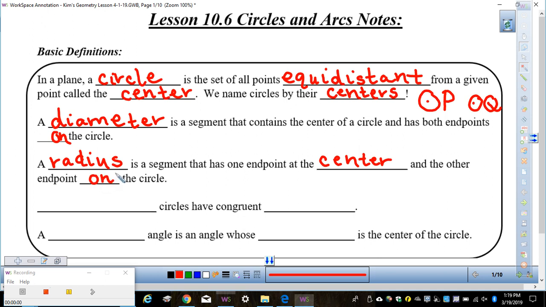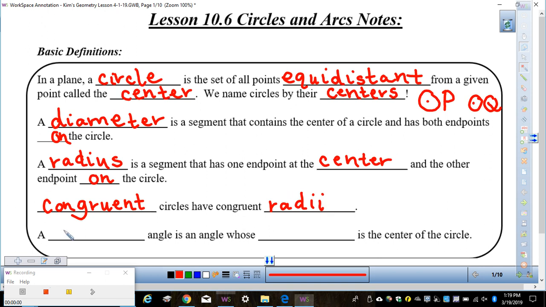And if you remember, the radius is half the length of the diameter. So if we have what are called congruent circles, just like we have congruent triangles, that means that they have congruent radii, which is just the plural form of radius.